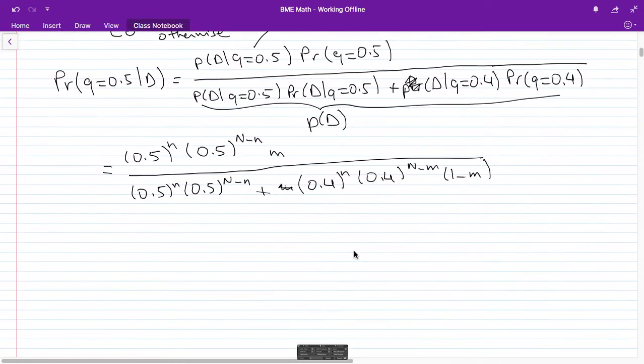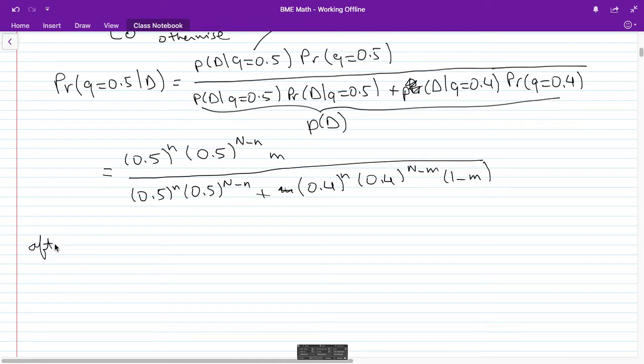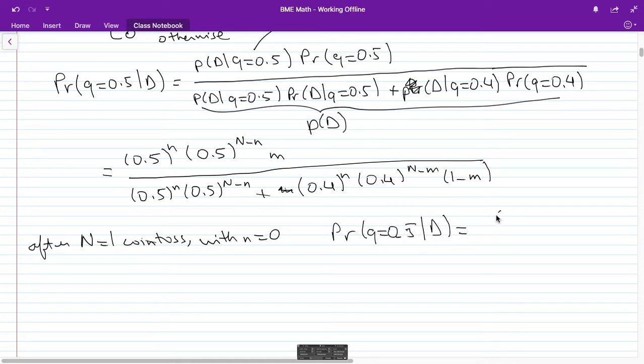So after N is equal to 1 coin toss with n equal to 0, the probability of it being a fair coin, given my data, is 0.5 m divided by 0.5 m plus 0.6 times 1 minus m.